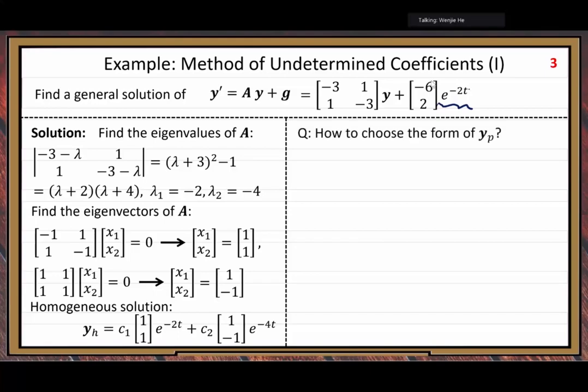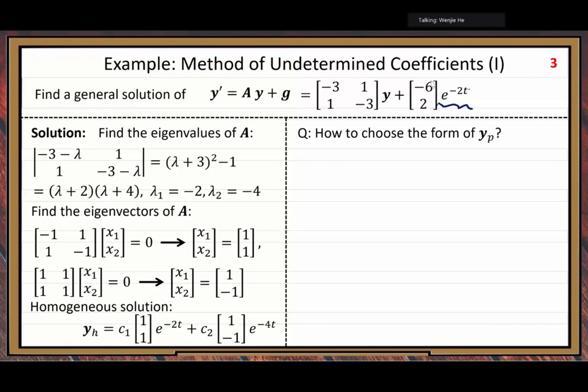After this step, now we need to find the YP, the particular solution. When we solve for this YP solution vector, similar to our algebraic situation, we need to choose the correct form of YP.